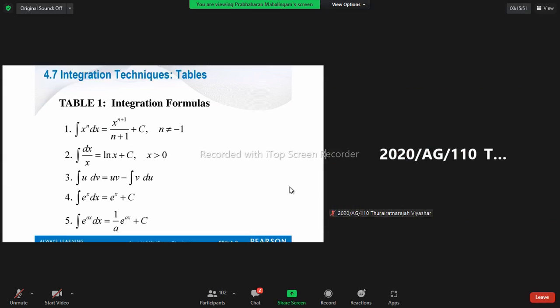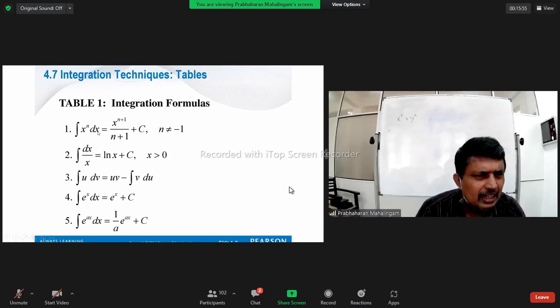So integral of x to the power n dx is a very simple integral formula. Not complex, we call a compound function u to the power n. x to the power n, x in a simple manner.